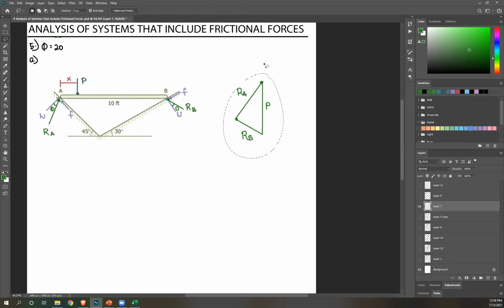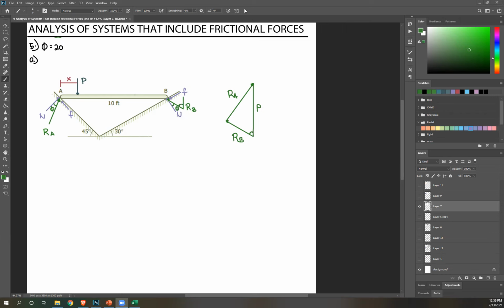The next step now is to get your angles. So let's start with RB. This is what we want, and that is just the angle from the vertical, right? How do I get that? To get that, you're going to remember the relationship between your angles, your normal, and the incline.